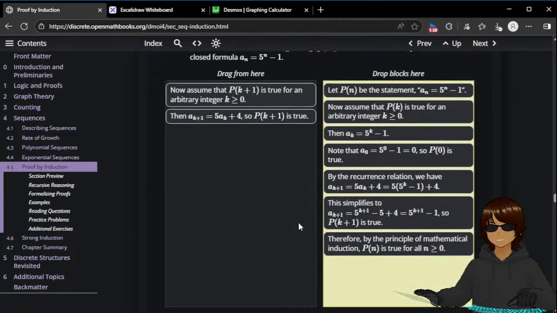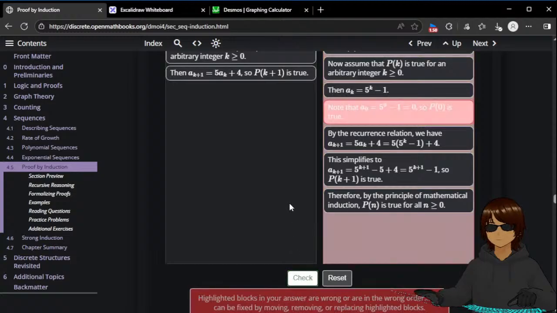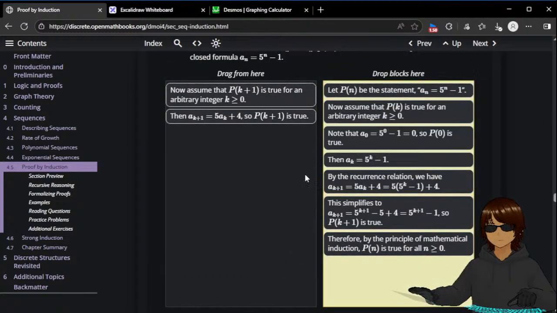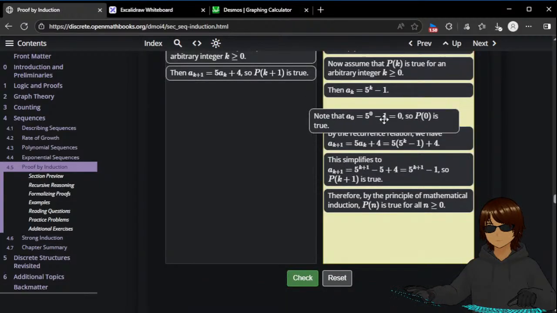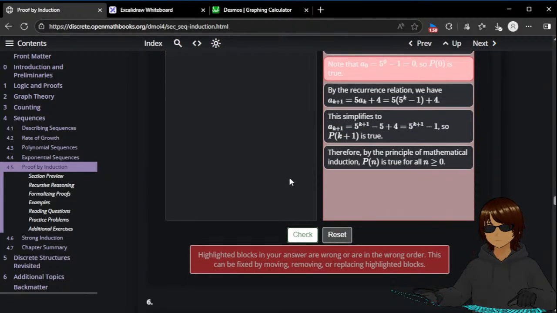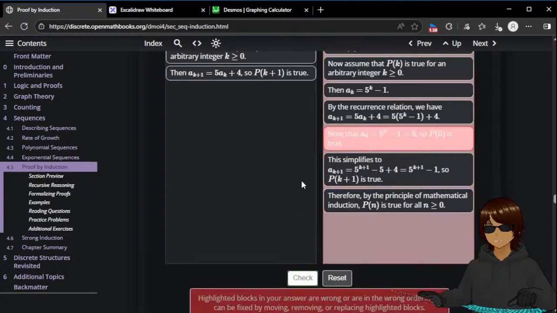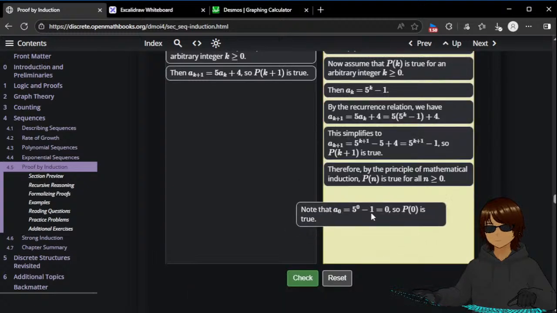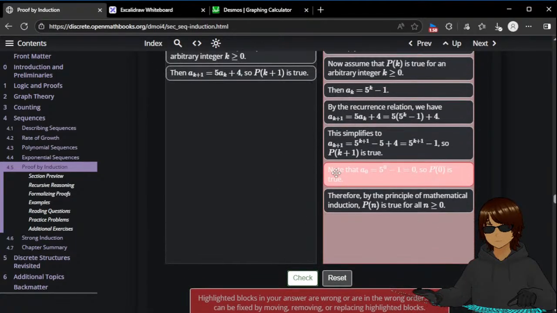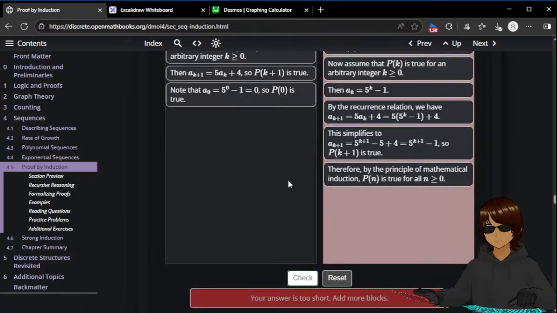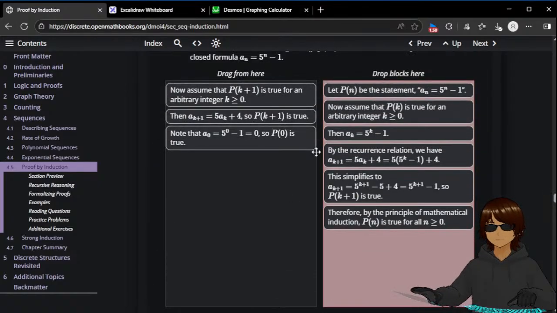And then we note this, right? I don't know why this is wrong. This simplifies to this. So PK plus 1 is true.